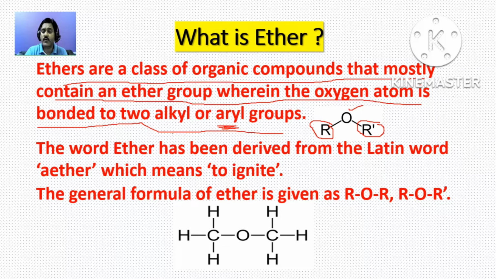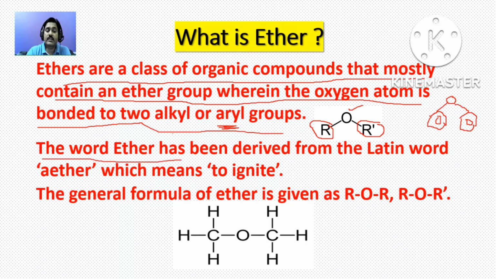For example, if an aryl group, a benzene ring, is combined with oxygen, and similarly another benzene ring is there. If two aryl groups or two alkyl groups are combined with an oxygen atom, that is called an ether.